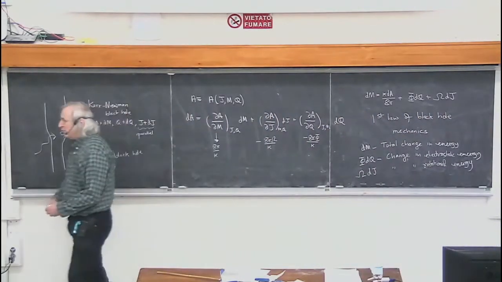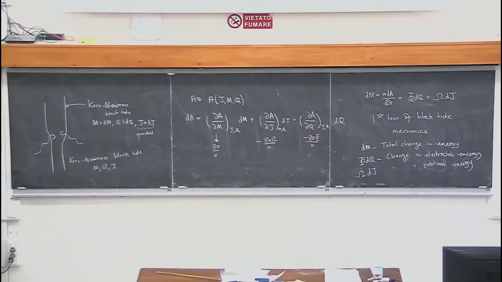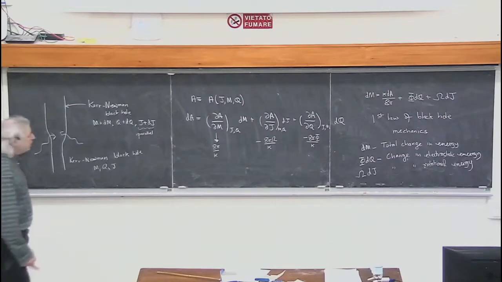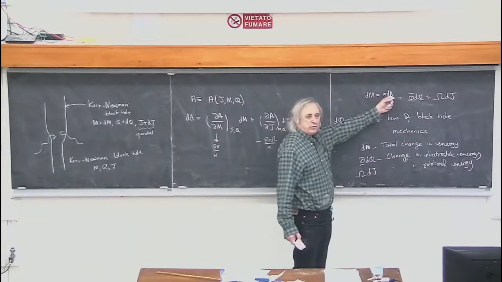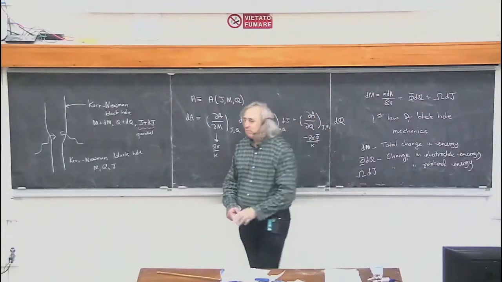Well, there are two ways in which you can contemplate this. The first is, if you were an 18th century physicist, not a 19th century physicist, you would stare at this formula and say, oh, it's obvious, this is surface tension times a change in the area.